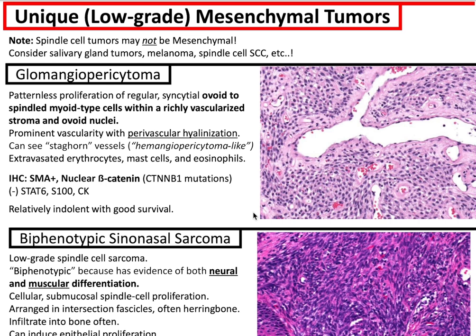It has prominent vascularity with perivascular hyalinization. You can see staghorn vessels, and you can see extravasated erythrocytes, mast cells, and eosinophils. By IHC, it'll be SMA positive. It'll have nuclear beta-catenin because it's a CTNNB1 mutation. It'll be negative for STAT6, ruling out solitary fibrous tumor, and negative for S100 and cytokeratins. It's relatively indolent with good survival.